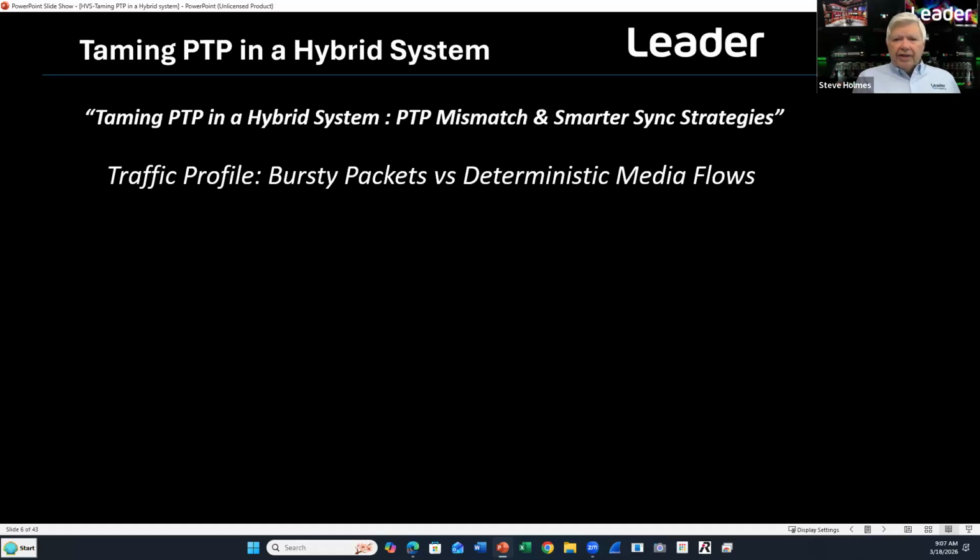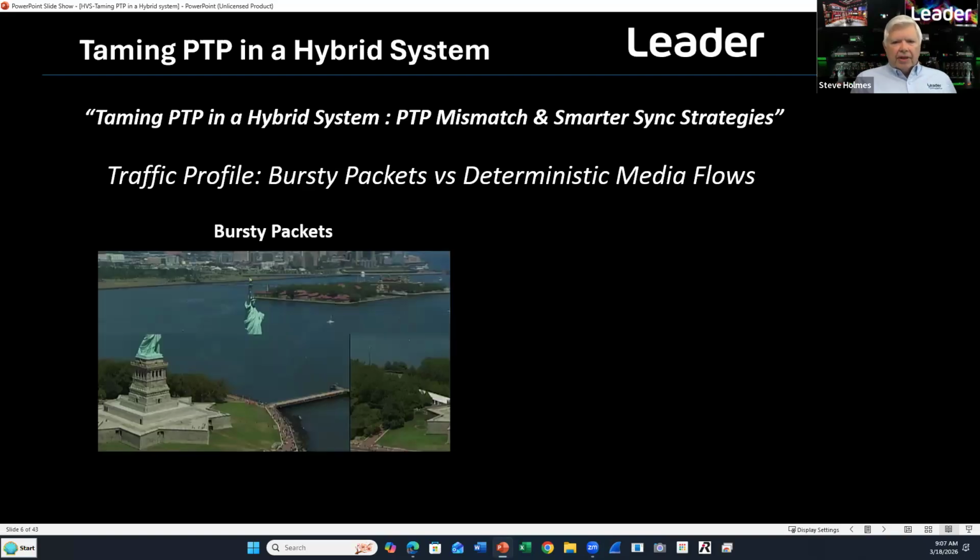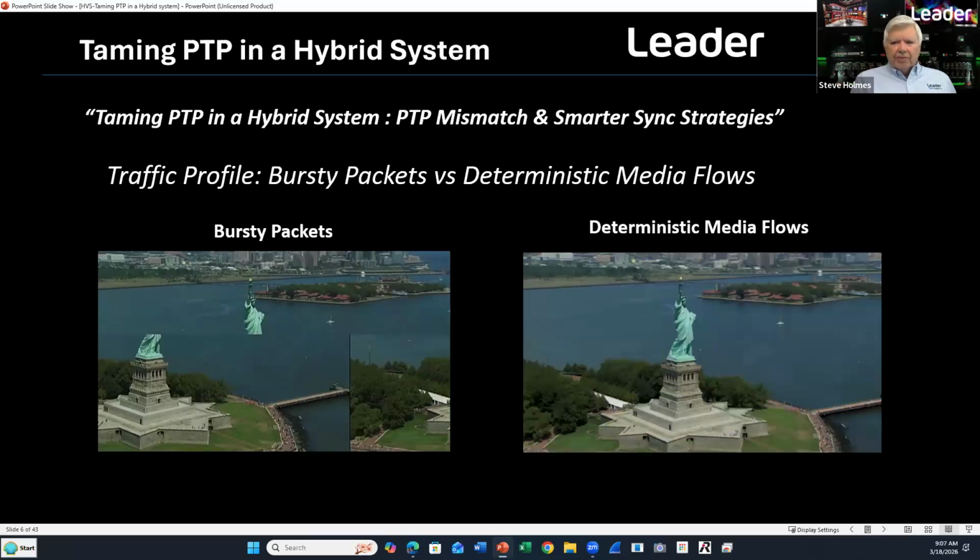In looking at this, we need to look at how things work, because bursty packets versus deterministic flows can really cause issues. One packet out of place can cause that picture on the left, because one packet in 1080 video is a quarter line of video.